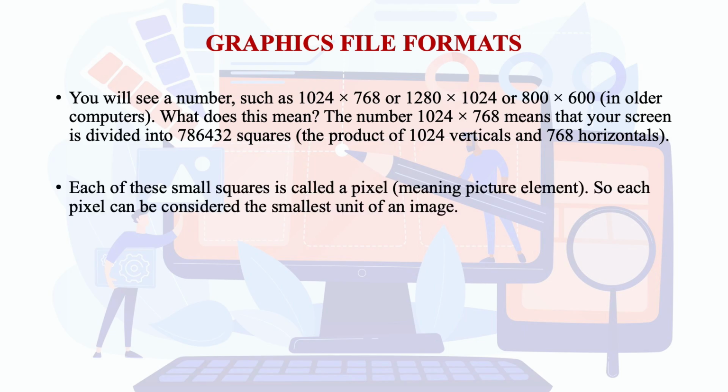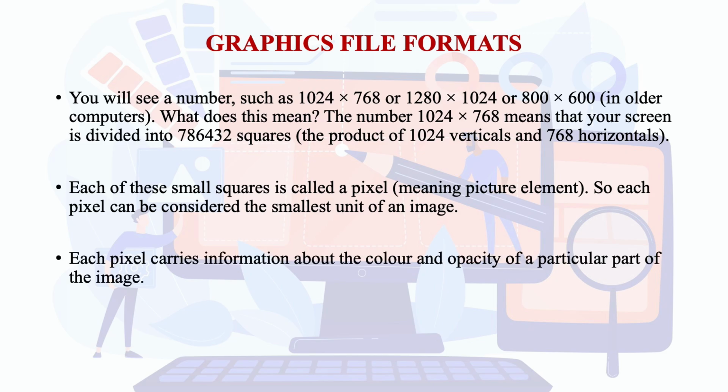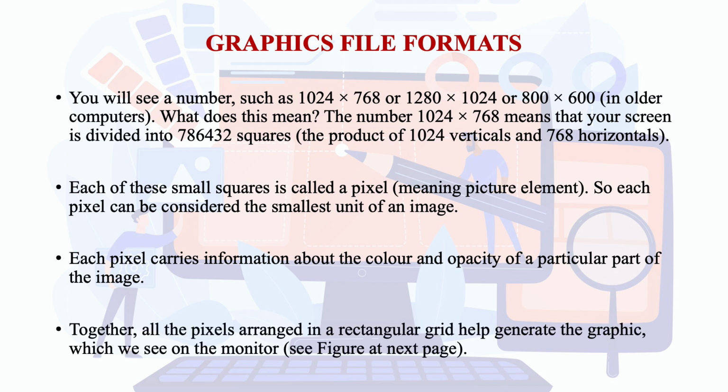Each of these small squares is called a pixel, meaning picture element. So each pixel can be considered the smallest unit of an image. Each pixel carries information about the color and opacity of a particular part of the image. Together, all pixels arranged in a rectangular grid generate the graphics which we can see on a monitor.